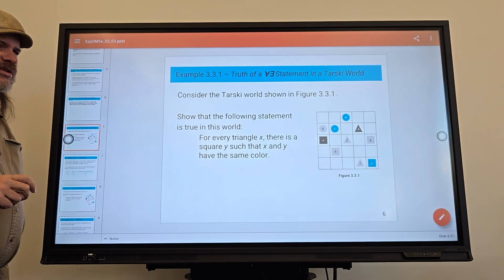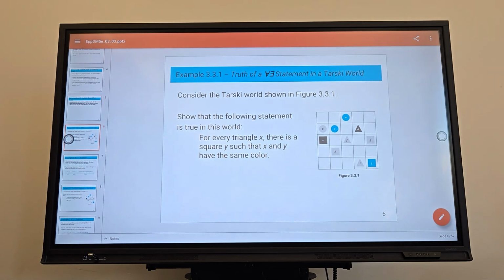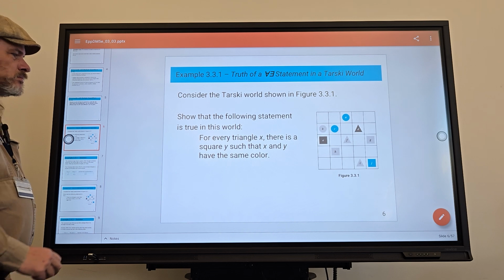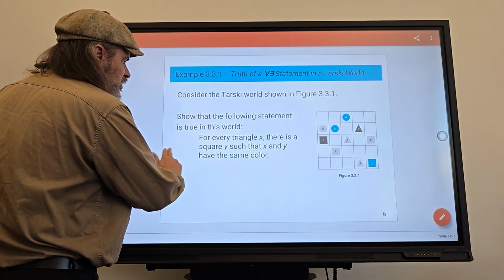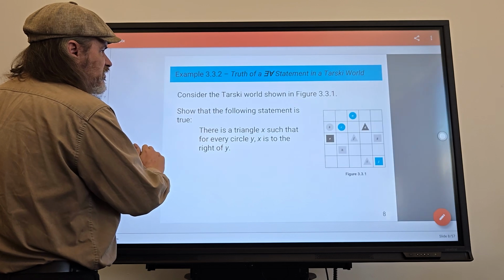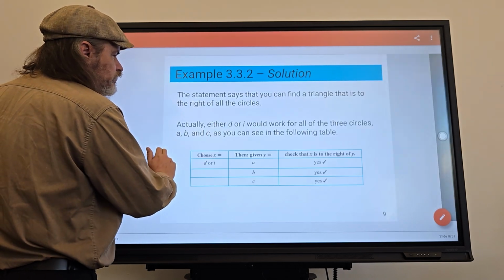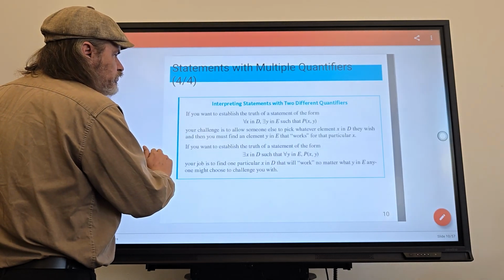I don't believe there are any Tarski's world problems on exams or anything like that. So it's just a thought exercise. But let me just get past this.